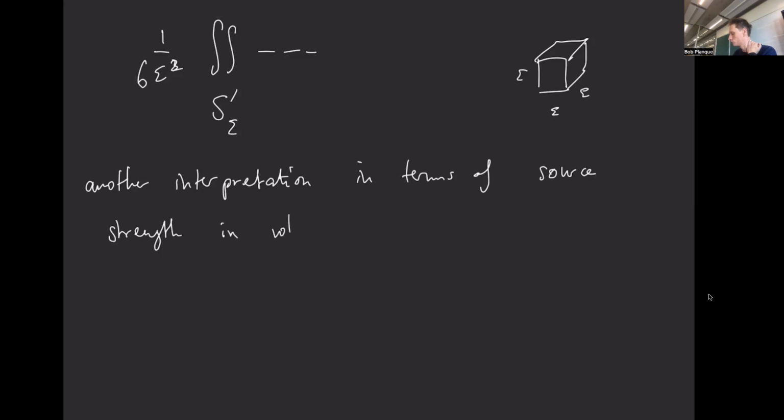So the idea is that if as much stuff goes into this volume as goes out, then in this thing nothing can be created. Because if it were created, then there would be more stuff going out than going in.